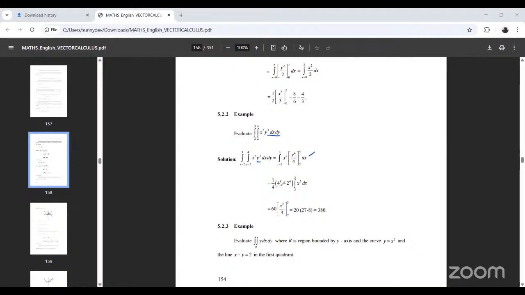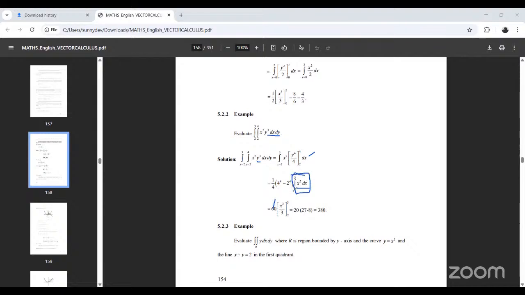So this is 4 power 4 minus 2 power 4, where 4 power 4 is 256 and 2 power 4 is 16. With the 1 by 4, we get 60. Next is the remaining part.